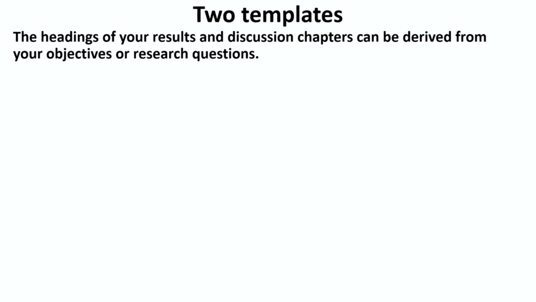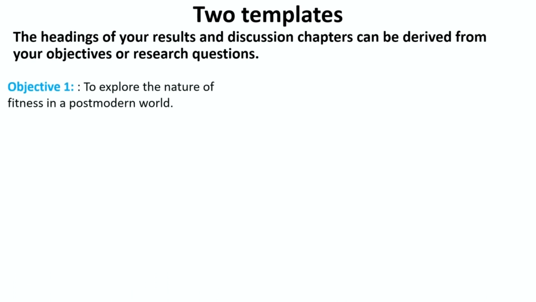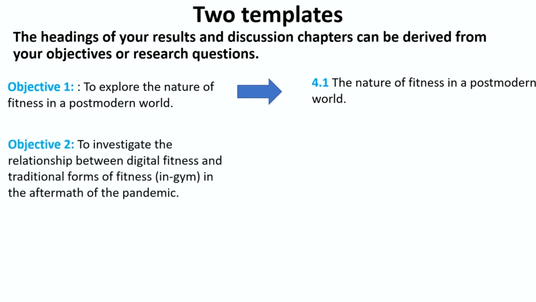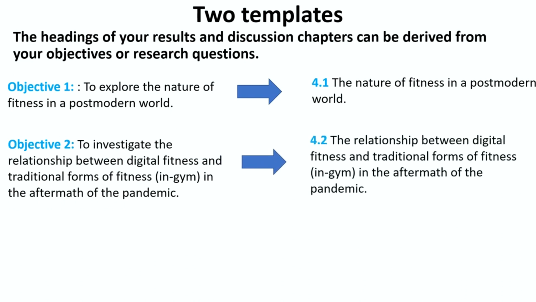So for instance, if your objective 1 was to explore the nature of fitness in a postmodern world, your heading within your results and discussion chapter would be this. If your objective was this, one of the headings in your results and discussion chapters would be this.